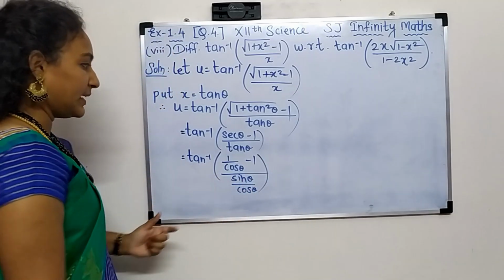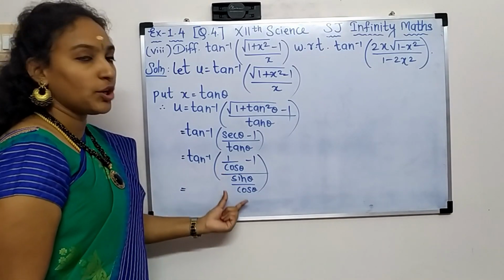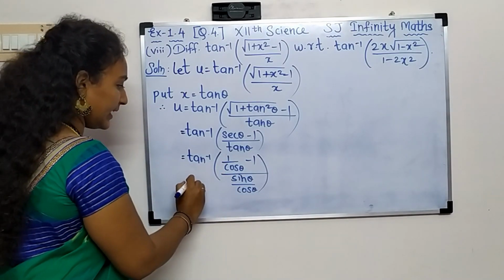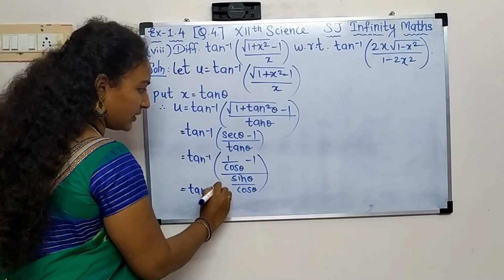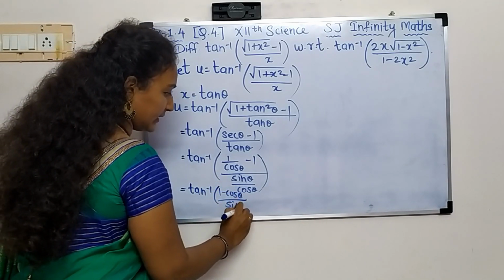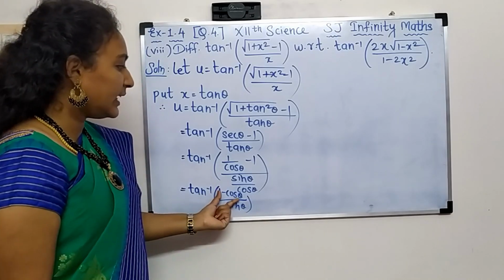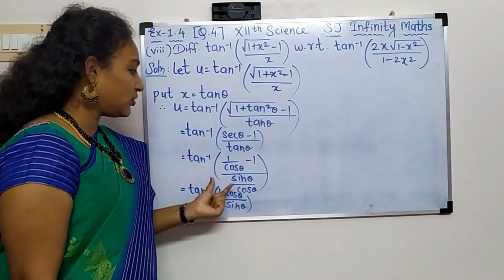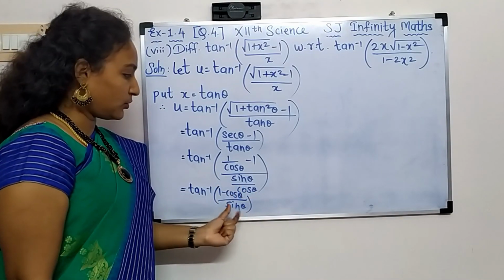And now cross multiply this and our denominator will get cancelled. We will get tan inverse 1 minus cos theta upon sin theta. We know that 1 minus cos theta is 2 sin square theta by 2.